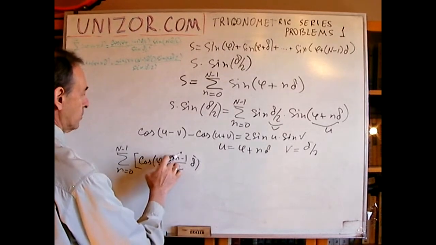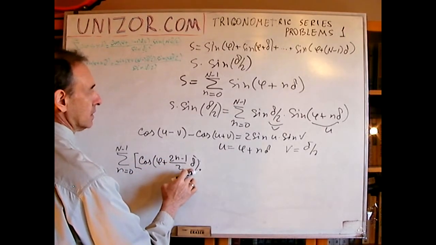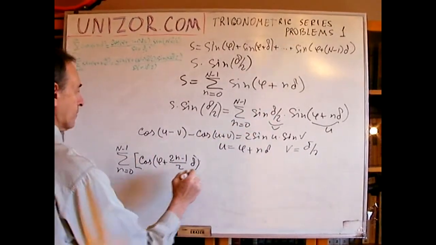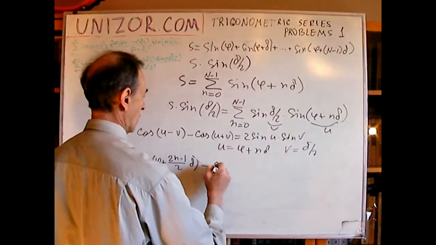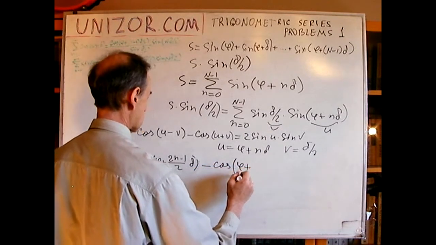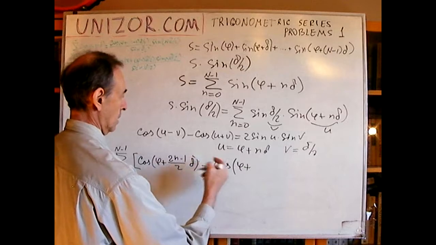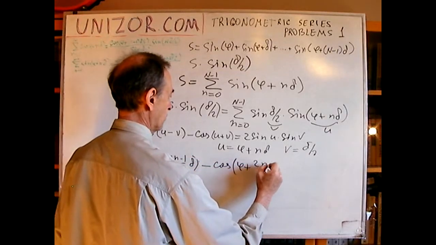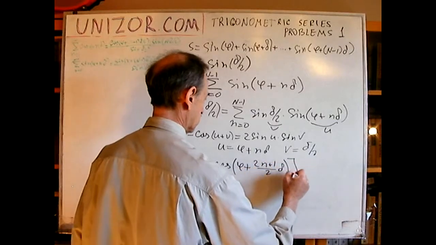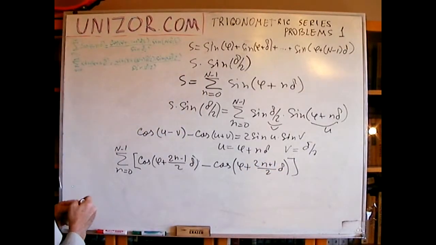It's phi plus n delta minus delta over 2, right, that's what it is, minus cosine of phi plus (2n plus 1) over 2 delta. Right? So that's what we have.